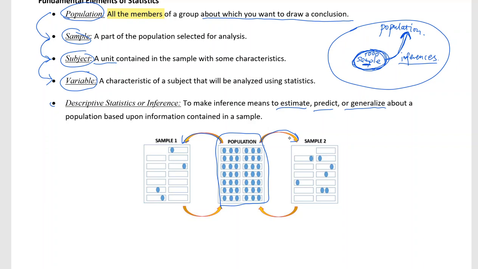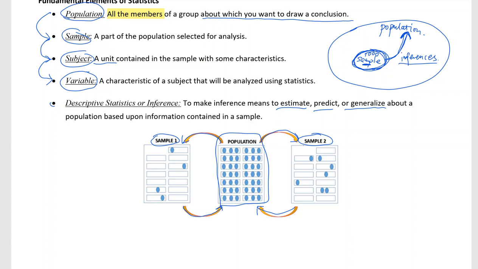Both of these two samples are from the same population. Based on sample 1, for example, I can get the average of sample 1, and then I use this average to make the inference, or estimate, predict, or generalize about the population. I can also use this other sample to make the conclusion about the population.